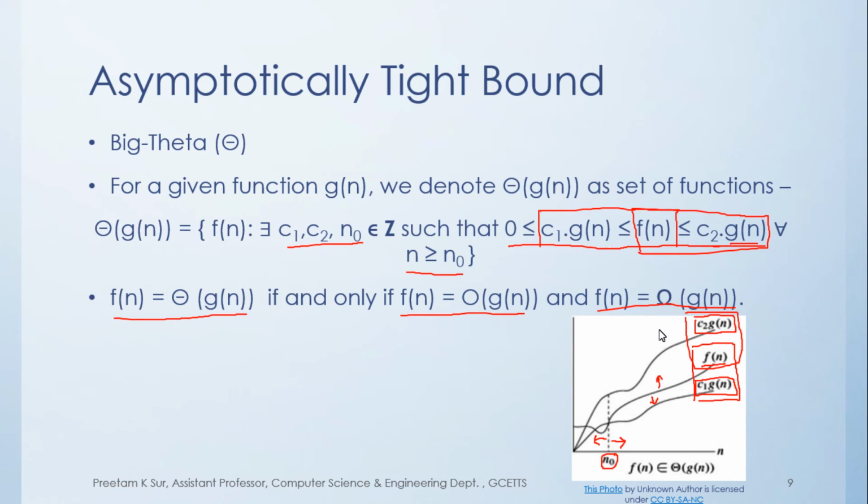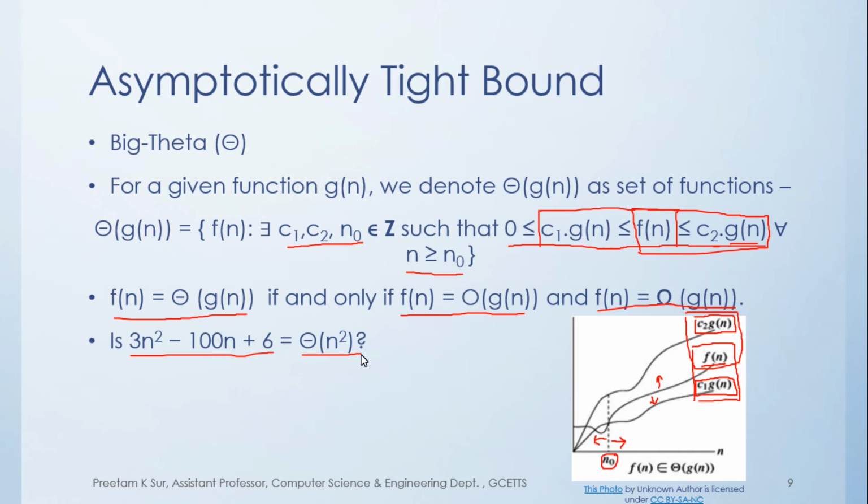Okay, so if we again ask the same question, if we take the same function, for example 3n square minus 100n plus 6, is it an asymptotically tight bound for n square? Or is 3n square minus 100n plus 6 equal to big theta of n square?